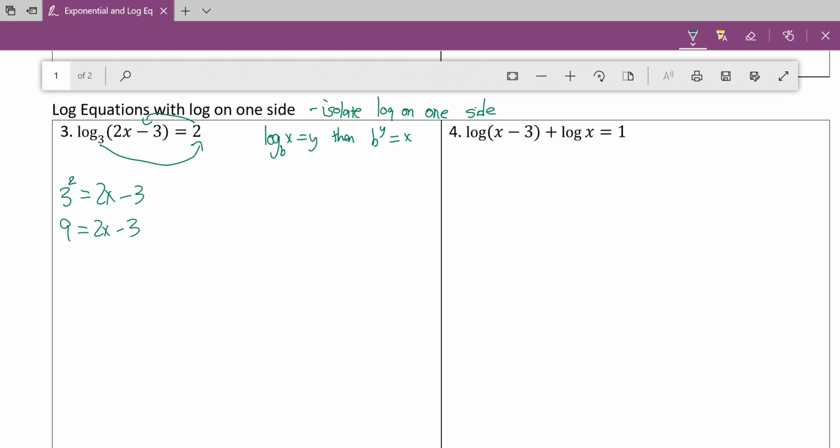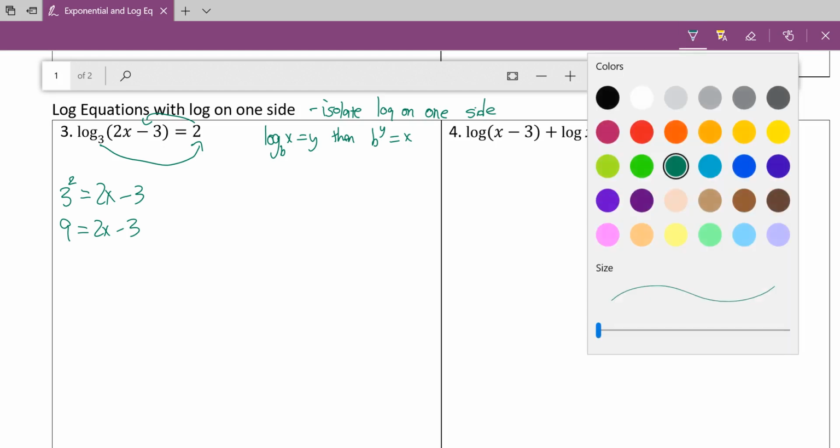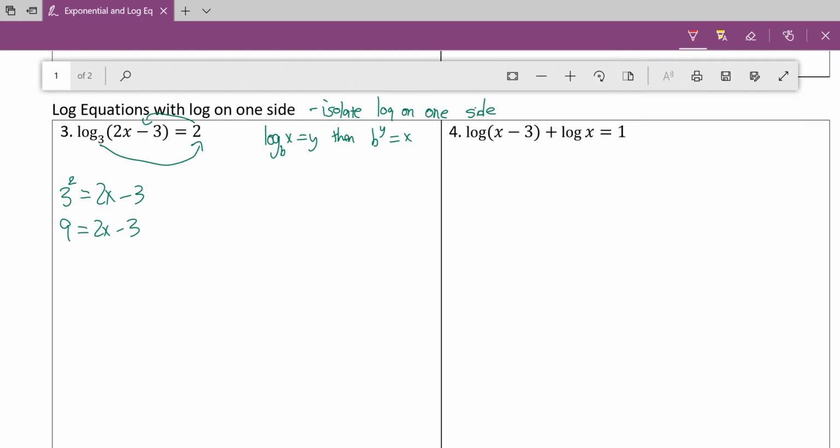The other way to look at it is say I'm going to do the inverse operation to both sides. And in the case of log base 3, the inverse operation would be 3 to the power of. So just looking at this equation a different way, I can say 3 to the power of log base 3 of 2x minus 3 equals 3 to the power of 2.